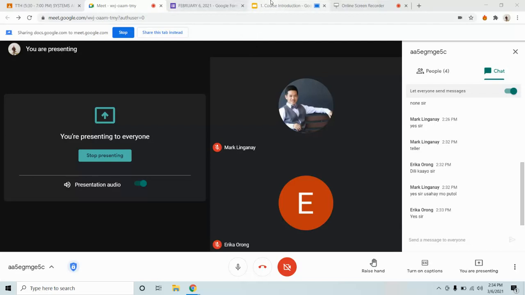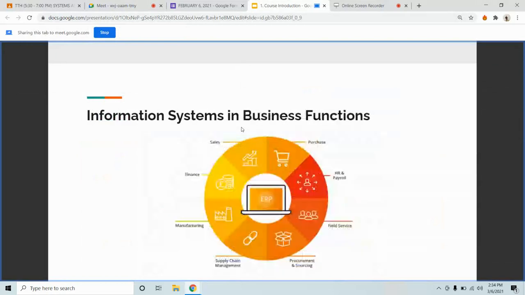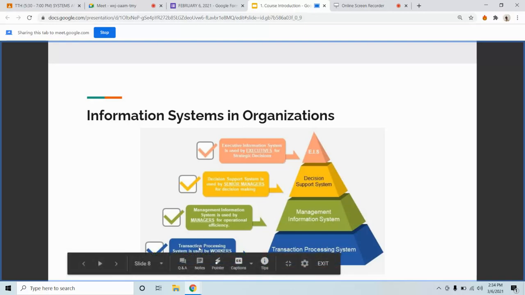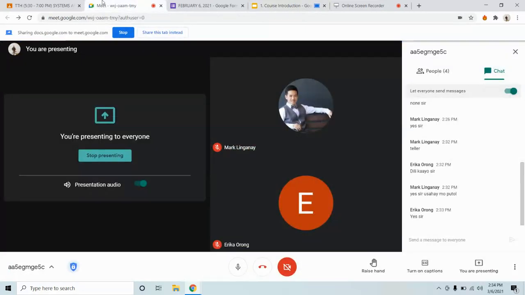Now we proceed to the types of information systems. I think you've seen this, the types of information system. I'll begin with the transaction processing system. Do you have questions about what a transaction processing system is?